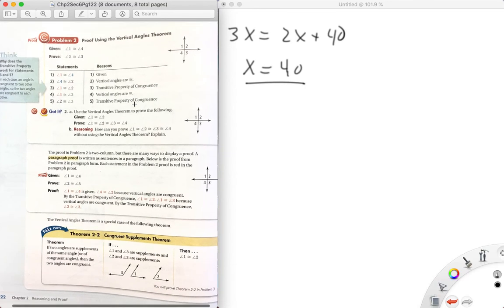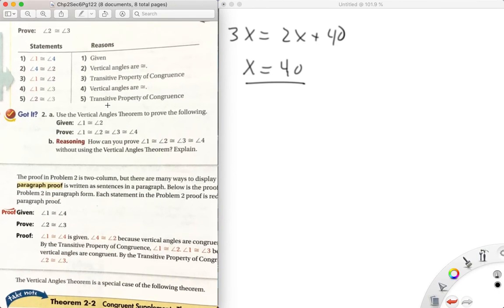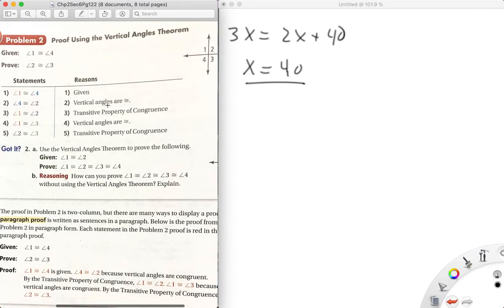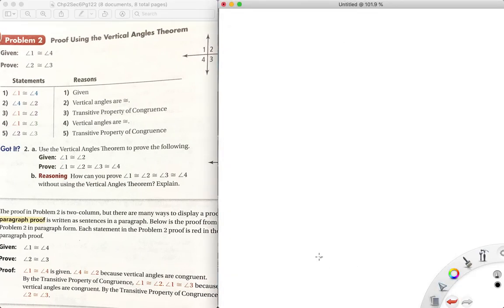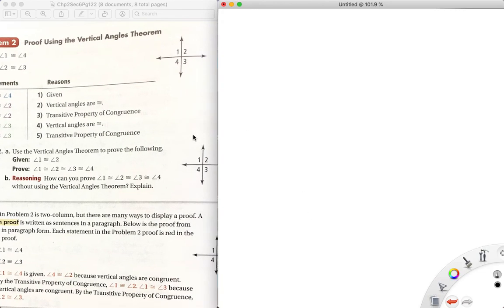Alright, so we have another proof. We're going to do this proof in problem number 2, but I'm not going to do the proof for 2a. It's a silly proof. I don't like it. I call it a busy proof. It's a proof that you don't really need. So we have this scenario here: angles 1, 3, 2, and 4.